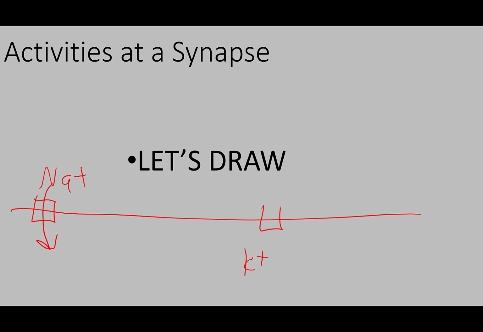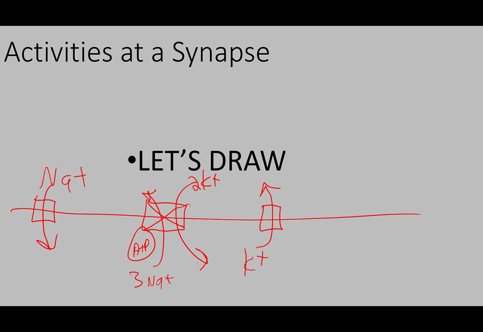We had the leaky potassium channels. Potassium was always leaking out. We had the sodium-potassium pump that used ATP to take 3 sodiums, move them back out of the cell, 2 potassiums, move them back into the cell. At rest, that was always happening. Well, regardless of what's going on, that's always happening.